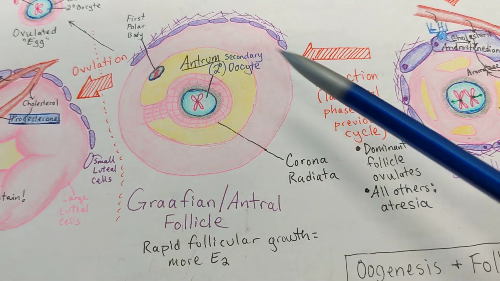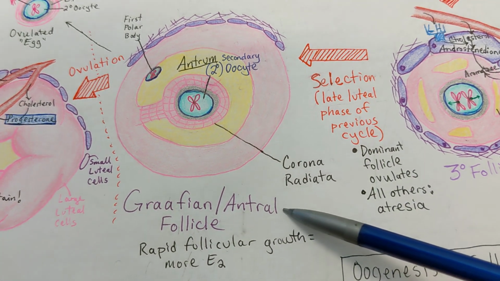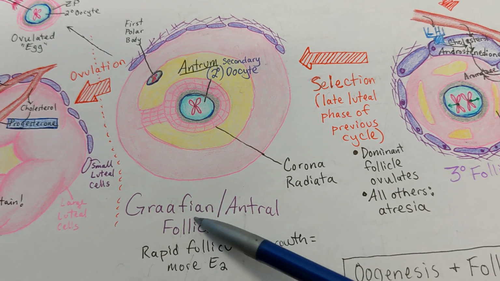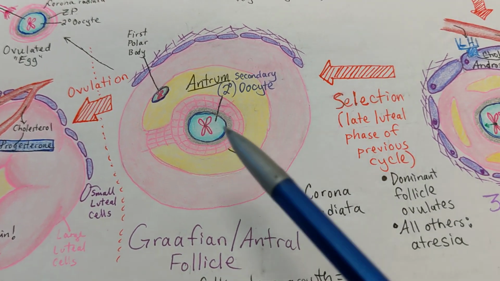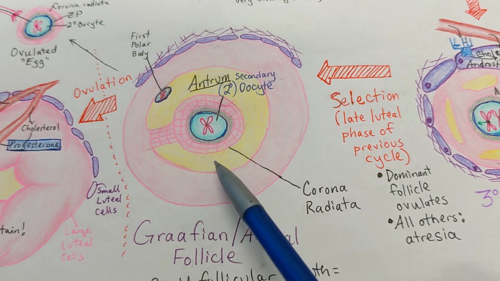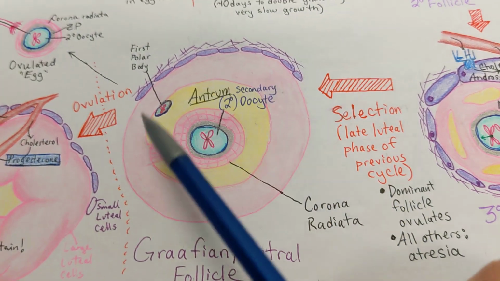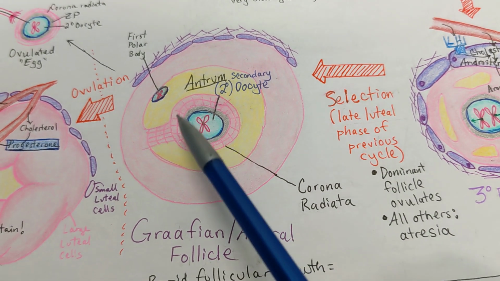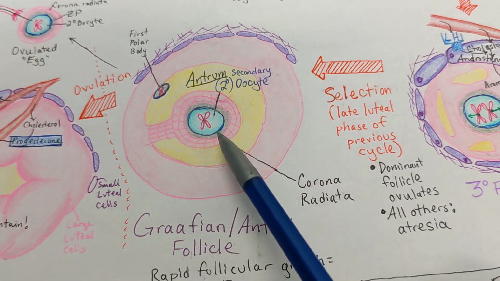That is why sometimes this follicle is called the antral follicle. Another name, and possibly more common name, is a Graafian follicle. Okay, so what that's going to do is separate most of the spherical follicle from the oocyte and another layer of surrounding granulosa cells.